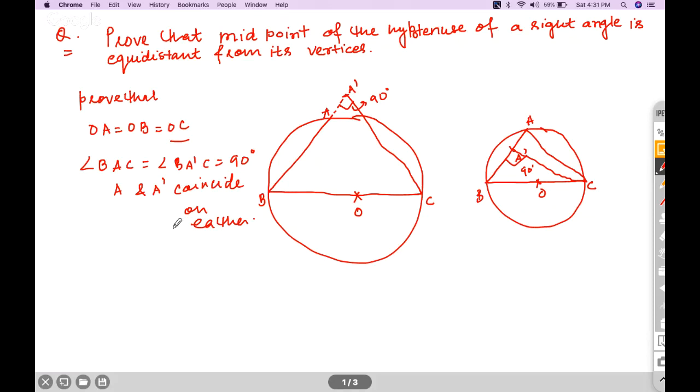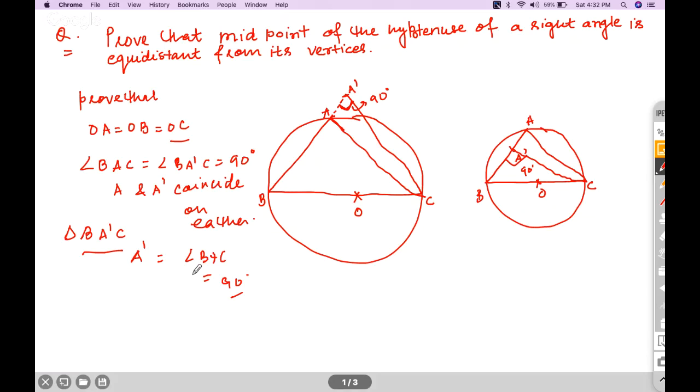So if I have written that, then what happens is, if you look at here, exterior angle, if I take triangle BA dash C, we can also write that this angle A dash is equal to angle B plus C, because if A dash is 90, B plus C would be 90.